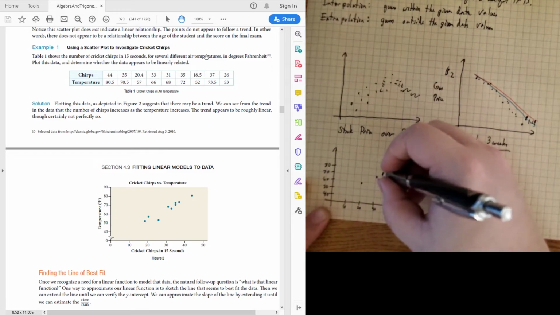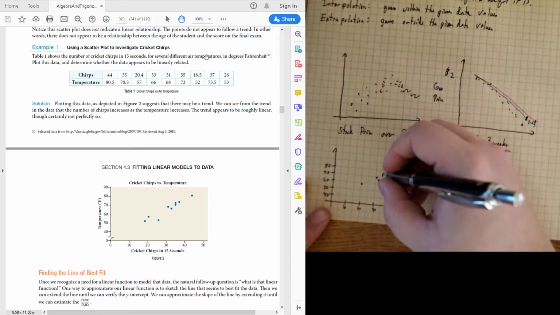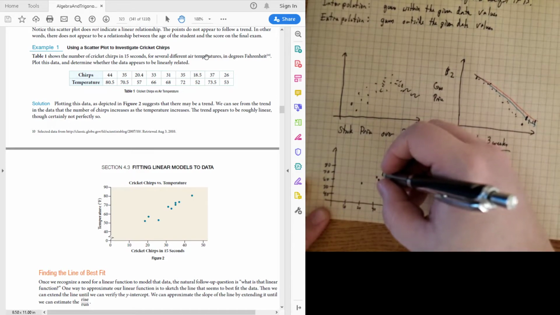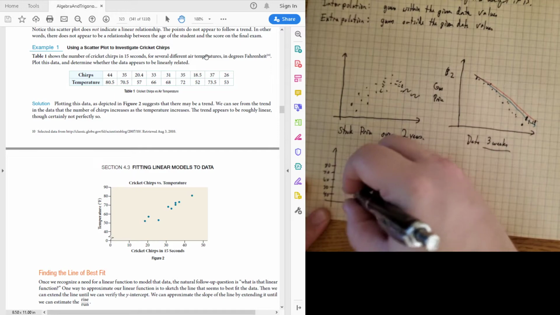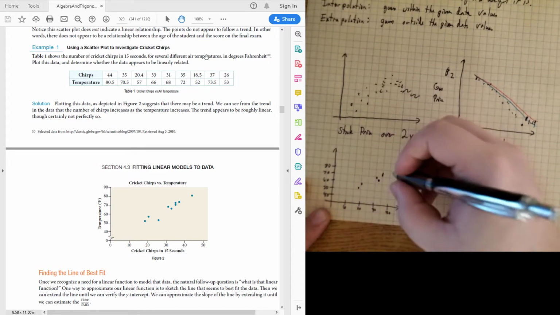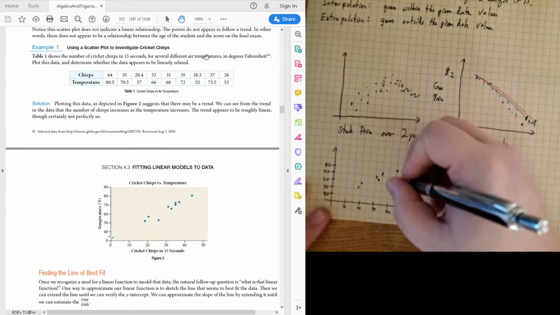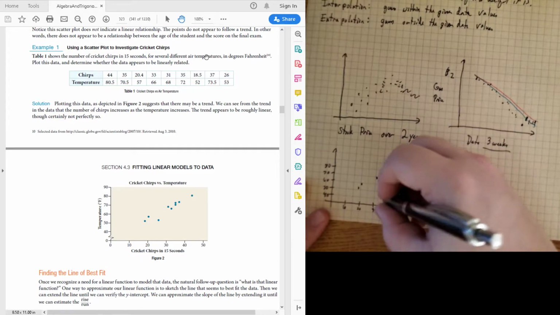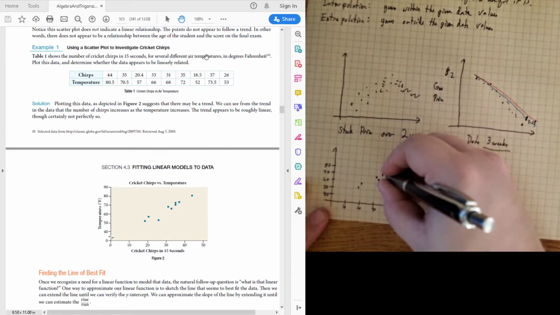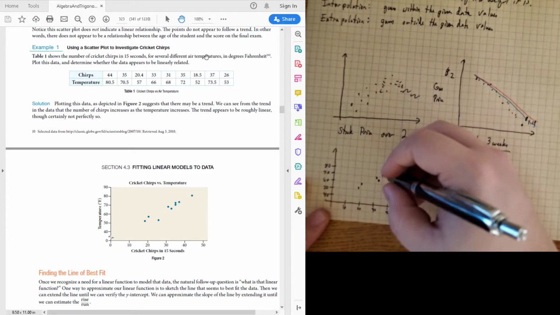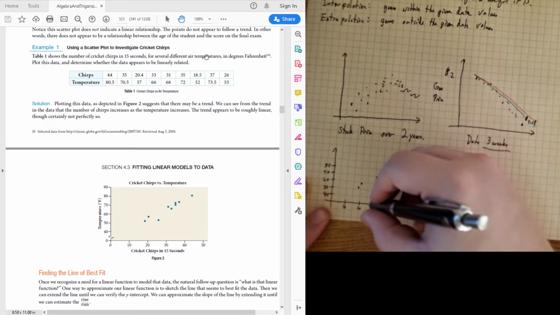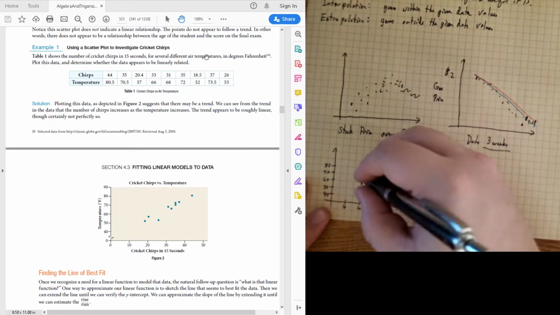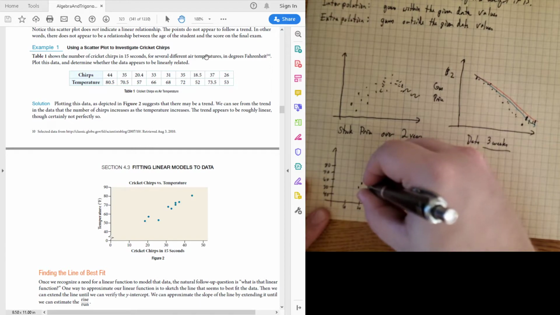Ooh, that's pretty close together. We have 18.5 and 52, so 18.5 and 52. And then we have 37 at 73.5, so 37, 73.5. And then 26 at 53, so 26 at 53.